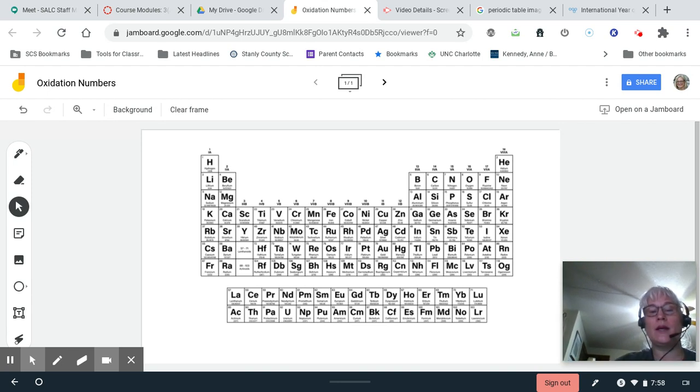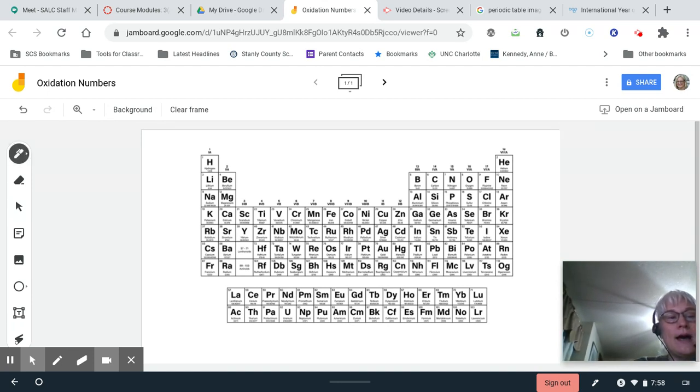Here's one, and I know it's a little hard to see, but there should be group numbers. Up here, you're going to have numbers 1 through 18, one for each column.